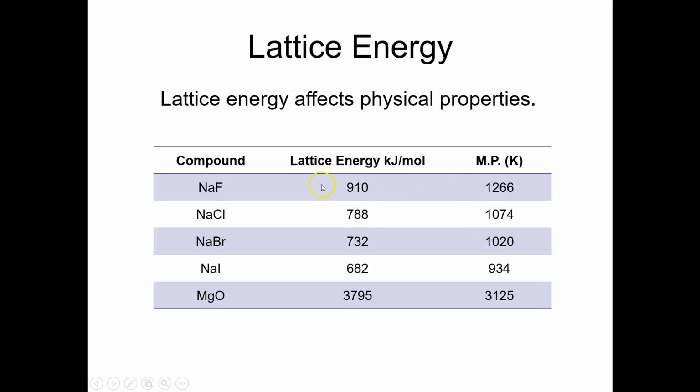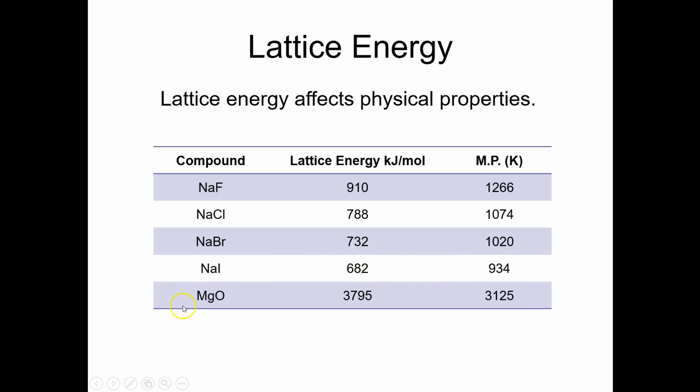And so you can see that if we take this series of sodium fluoride, sodium chloride, sodium bromide, sodium iodide, as the radius of the anion gets larger, the lattice energy goes down. You can see that the melting points also go down because it takes less energy to break these ionic bonds, and therefore the melting point is going to be lower.